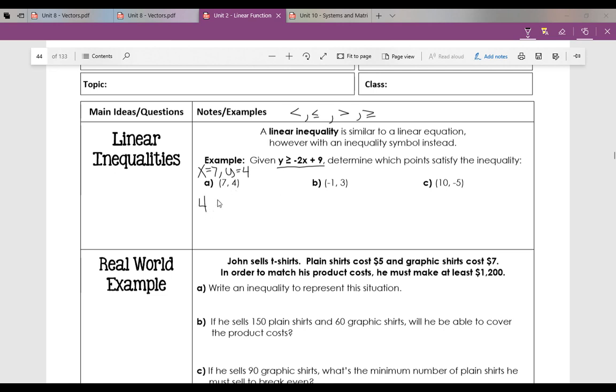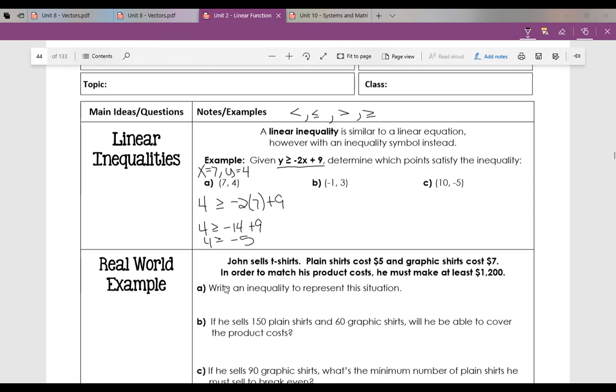So that would be 4 greater than or equal to negative 2 times 7, which is x, plus 9. Then I do order of operations to simplify the right side down to just one number. So that's 4 greater than or equal to negative 14 plus 9. And 4 is greater than or equal to negative 5.